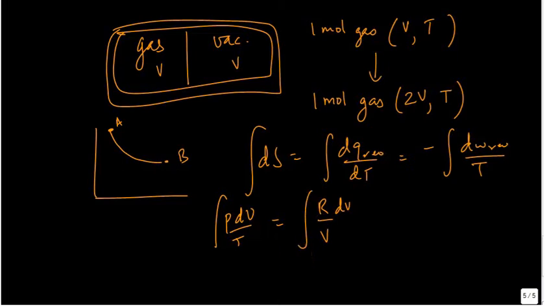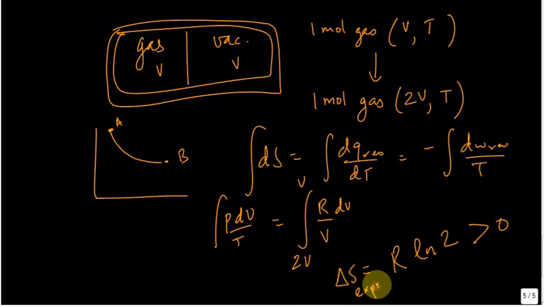The limits would be from 2V to V, and all that gives me is delta S is equal to R ln2, which is greater than 0. Delta S of expansion. So delta S of compression would be negative of this.